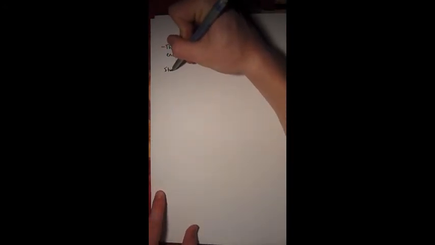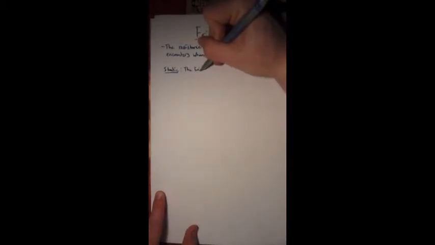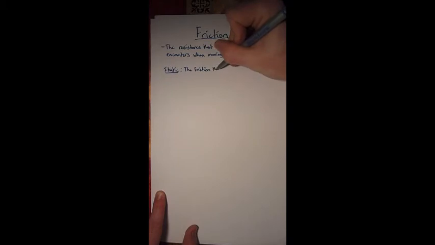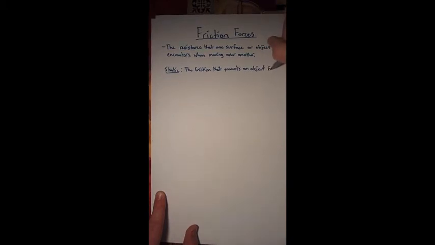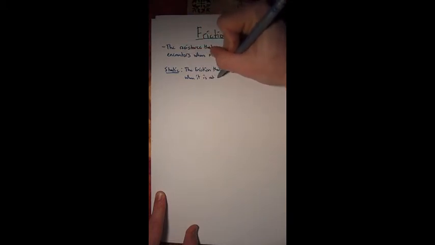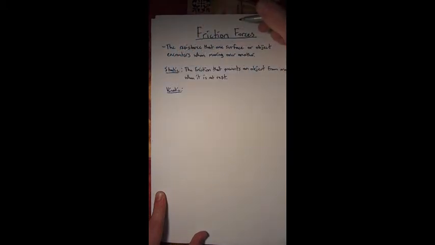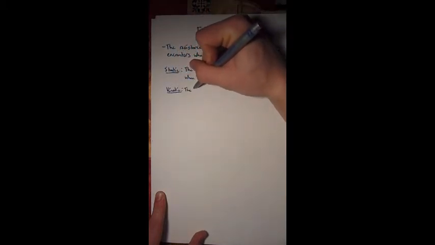Static is defined as the friction that prevents an object from moving when it is at rest. Kinetic friction is defined as the friction that slows down or stops an object that is already in motion.